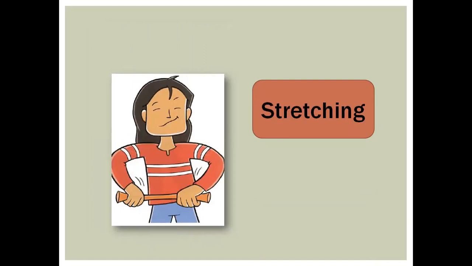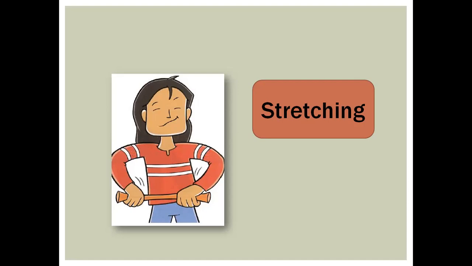Stretching. Some of the materials have elasticity, so we can stretch them like the girl in the picture is doing. She is changing the shape of the material. How is she changing the shape? She is stretching the material.